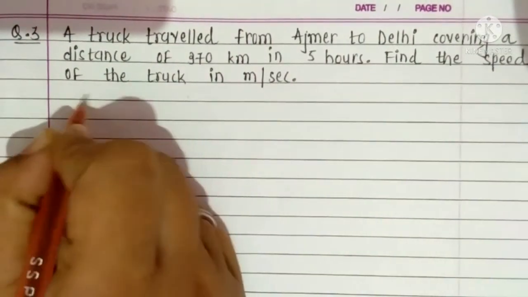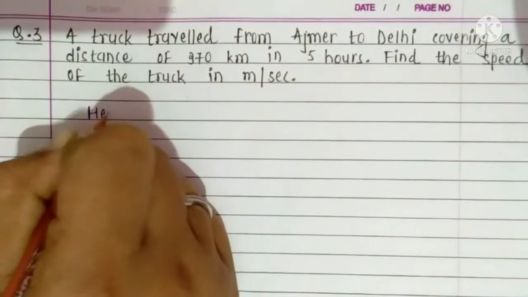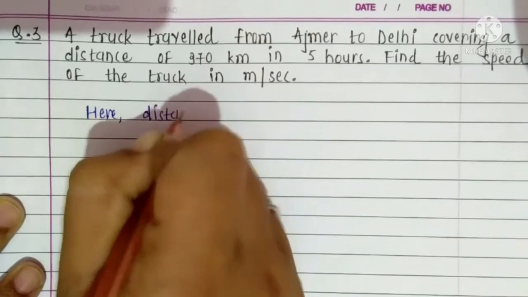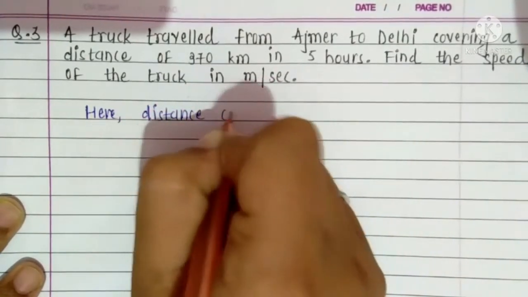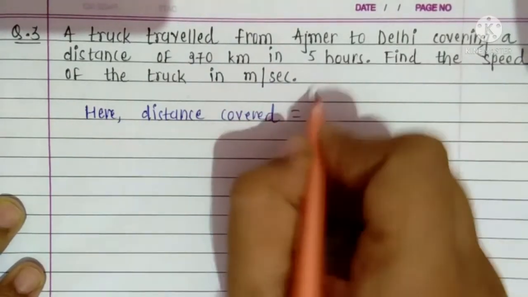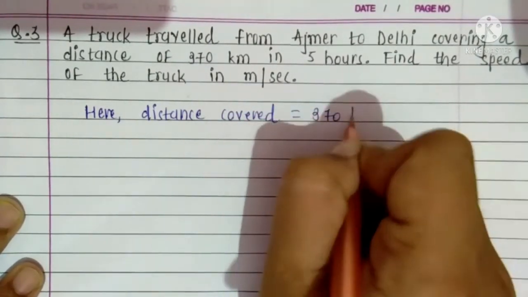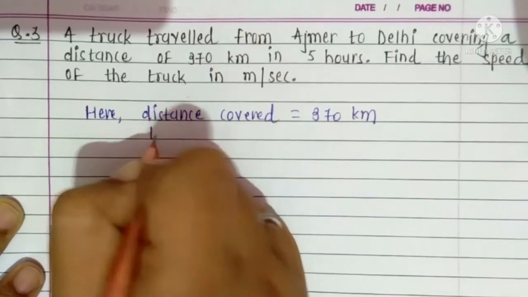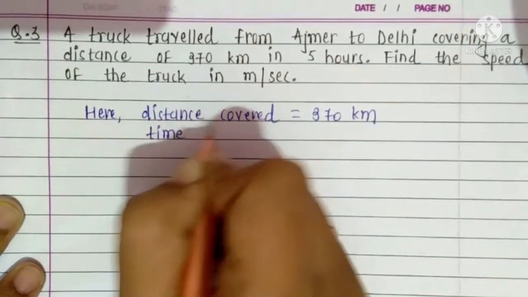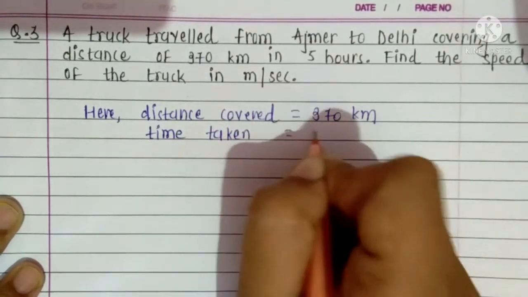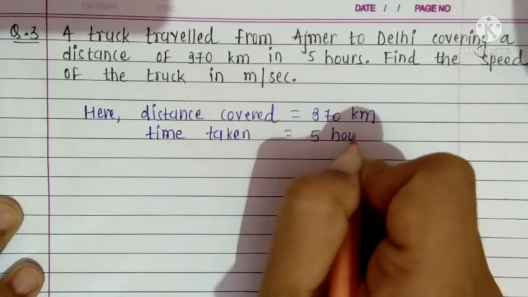So here given that distance covered is equal to 370 kilometer and time taken is equal to 5 hours.